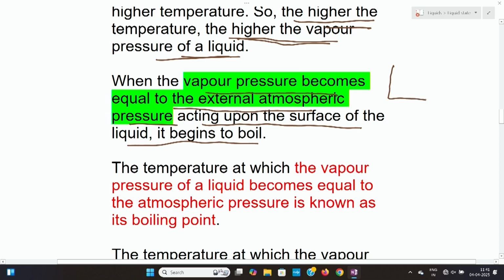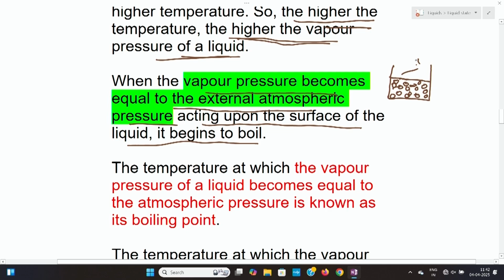We know that here we have liquid, here we have the surface of the liquid, and the molecules are here, and there is some empty space between the molecules. Then here there will be a vapor pressure. That means some of the liquid molecules are trying to escape from the liquid state to vapor state. Then what will happen? At a particular time, equilibrium exists between the rate of vaporization and the rate of condensation.